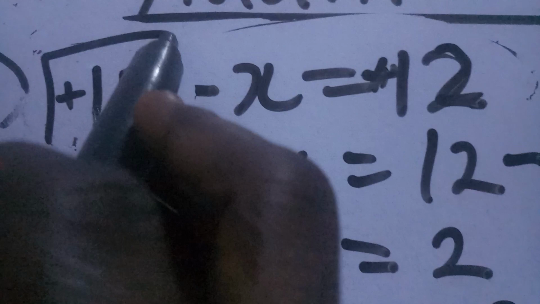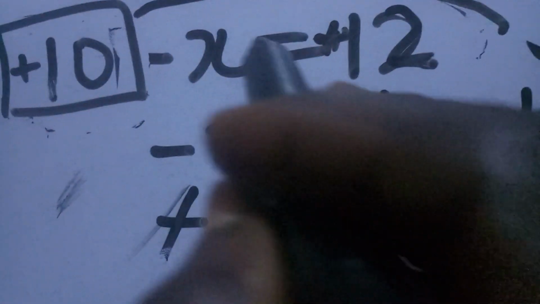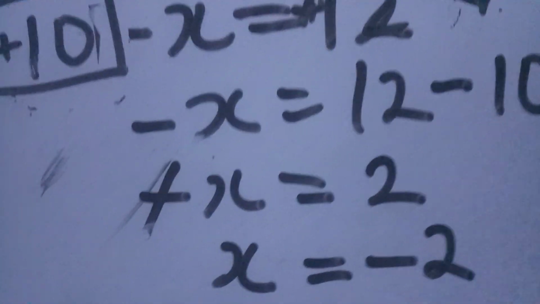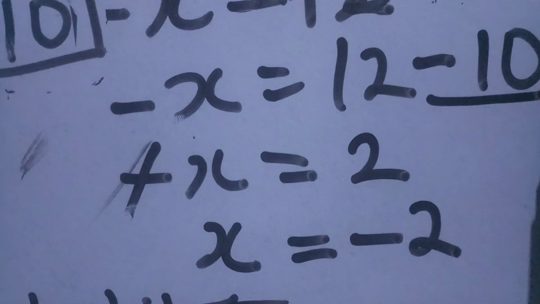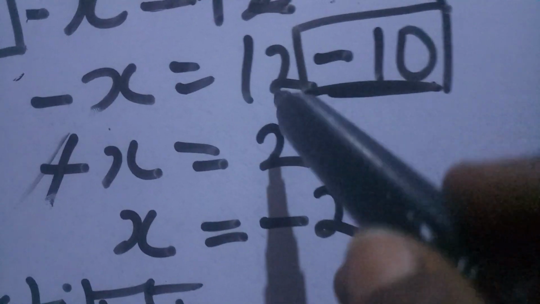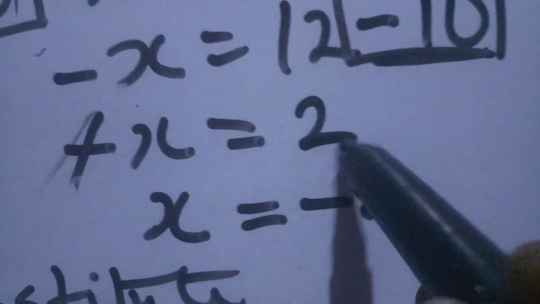If we are transferring plus 10 over the equality sign, it will change to minus. So it has changed to minus. Now 12 minus 10 is 2.